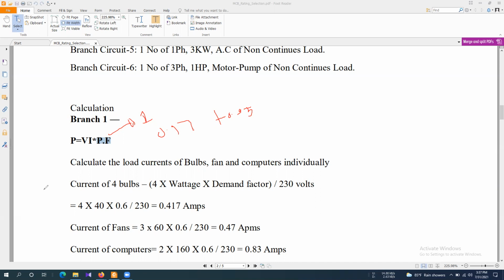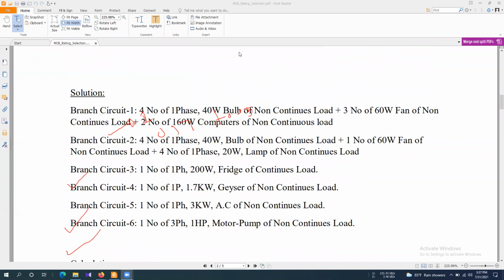So with this formula, you can simply calculate how much current the 4 bulbs draw, how much current the fans draw, since the number of fans is given here, and how much current is drawn by the computers. Okay, so you have to go through that. You have 440-watt bulbs, so you already calculated how much current these bulbs will draw.